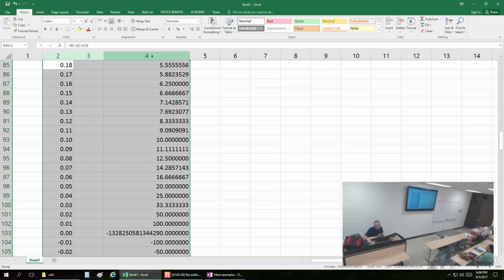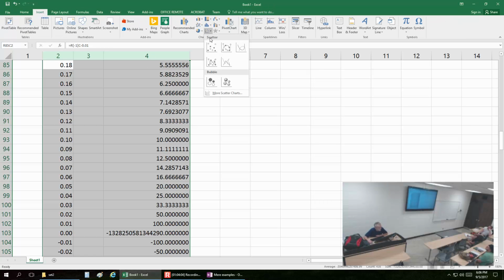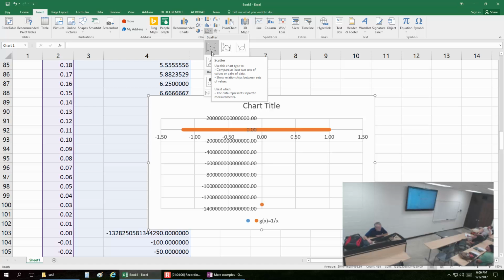Let me try to plot it. It should be no trouble. Okay, that's what it plots. That point we're looking at is over there at the bottom, and it's so far off the x-axis that the rest of the graph looks like a straight line.